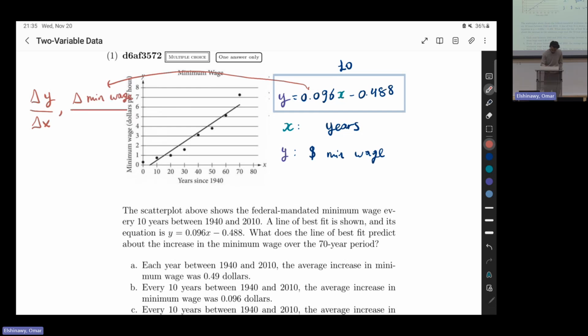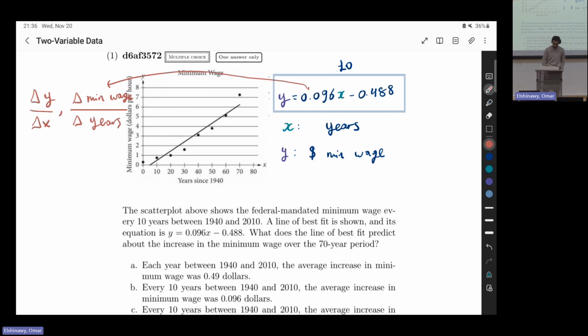And x is the number of years. So change in x is the change in years. Okay, so the change in one step of the minimum wage with respect to the years is 0.096.